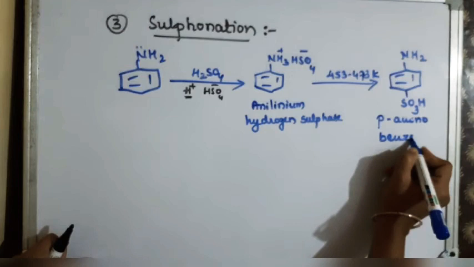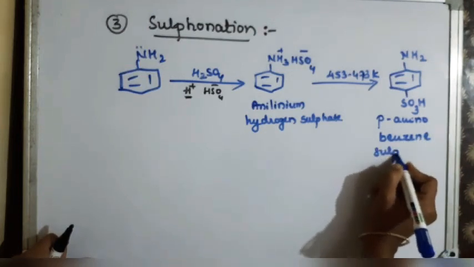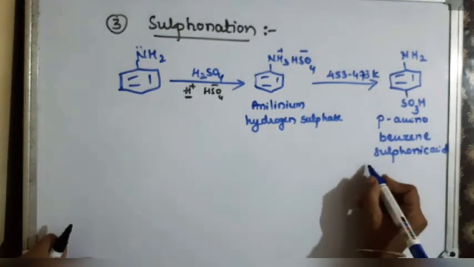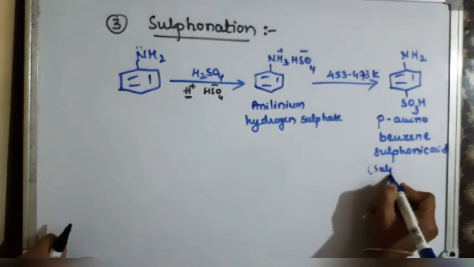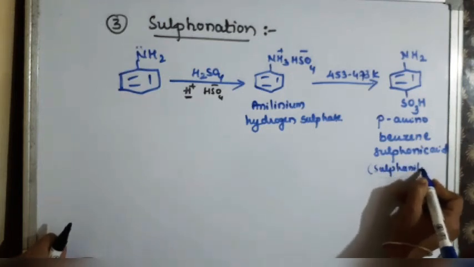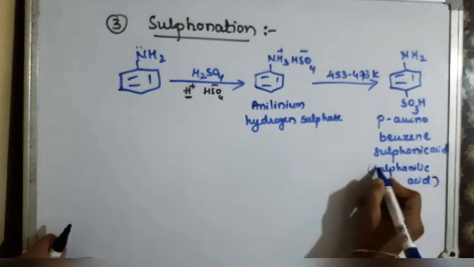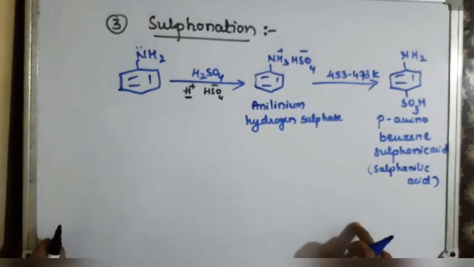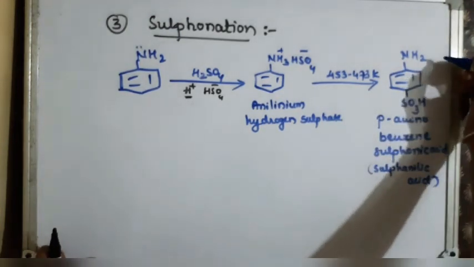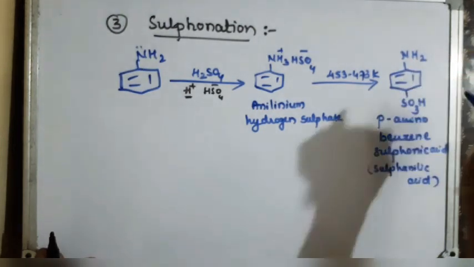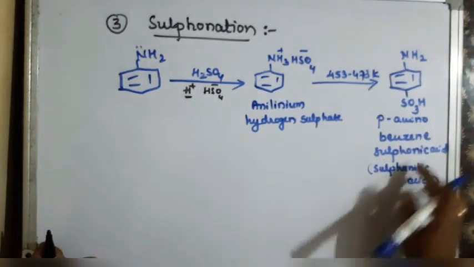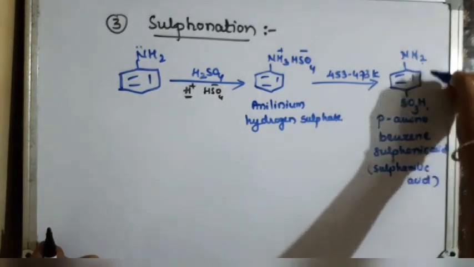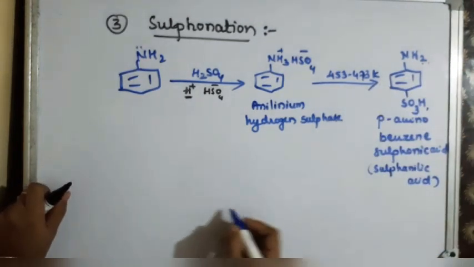This is commonly called sulfanilic acid: para-amino benzene sulfonic acid or sulfanilic acid. Sulfanilic acid has both an acidic as well as a basic group in it, so it exists in the internal salt form.